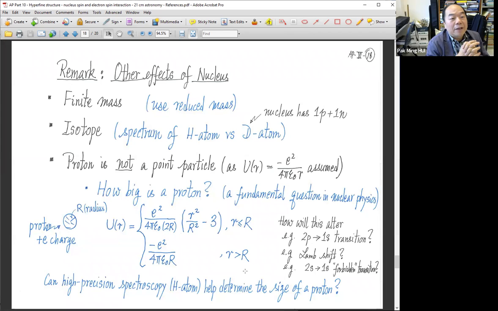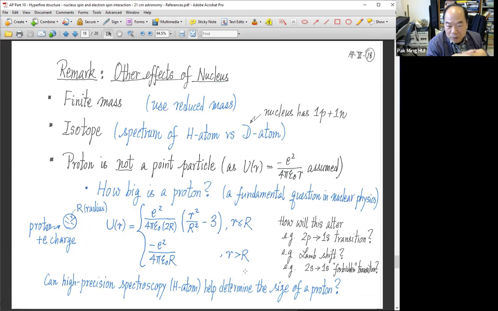So the very last remark about this part on hydrogen plus something. There are things that I have not discussed along this line. For example, finite mass of the nucleus, because you have done that in the last term.